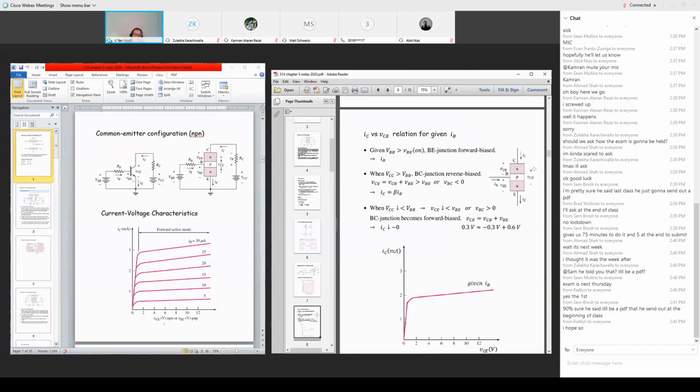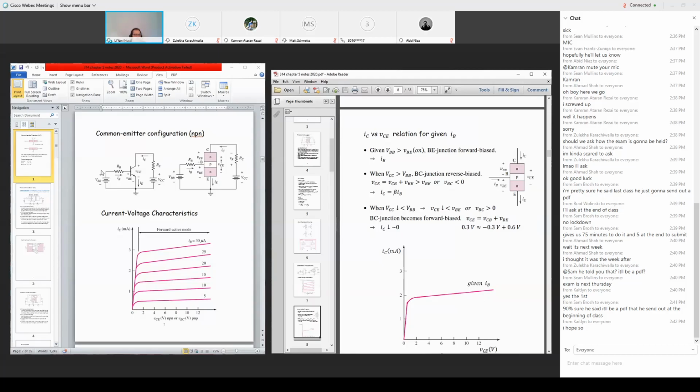So that's the voltage between the collector on the top and the emitter at the bottom, and that voltage is VCE. So this voltage VCE, I'm looking for the current IC related to voltage VCE. And you refer to the left.